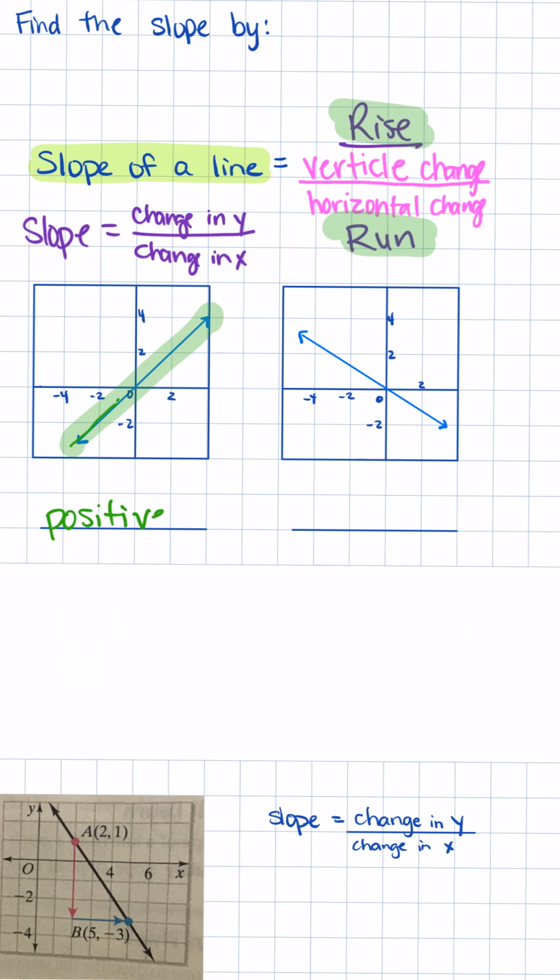It's increasing, so it's becoming more of a positive number, positive slope. And if it goes down, so it starts over here and it's decreasing, it is considered a negative slope. Okay?